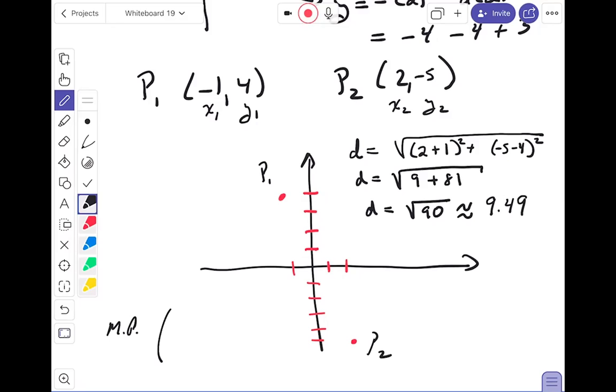Well, minus 1 plus 2, these are the x's, is going to be 1 over 2. 4 plus minus 5 is minus 1 over 2. Granted, mistakes happen. That's why we give you a key. We want you to look at the key. What did I say the distance is? Root 90 approximated to 9.49. What did I say the midpoint is? 1/2, comma, minus 1/2. All right, let's go to the next question, which is number 4.